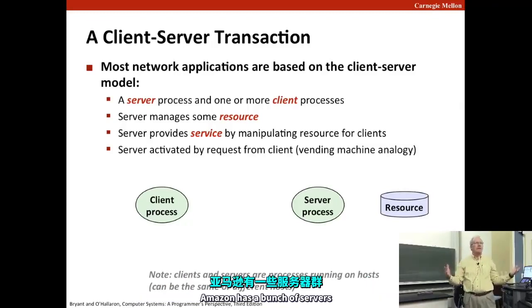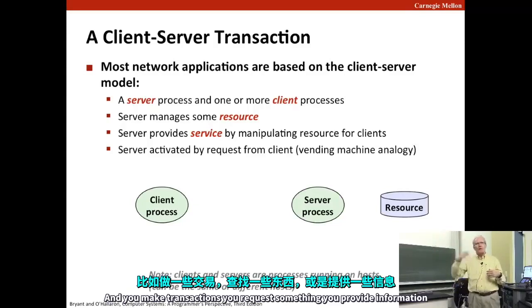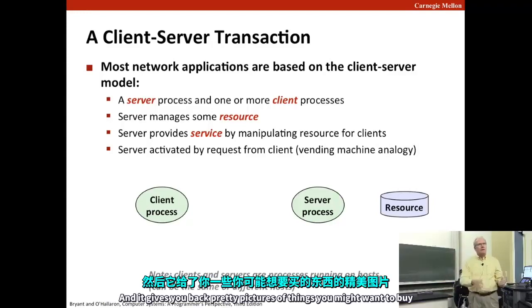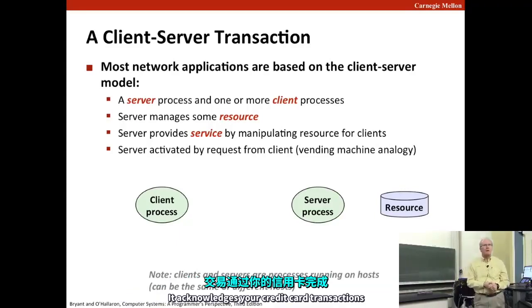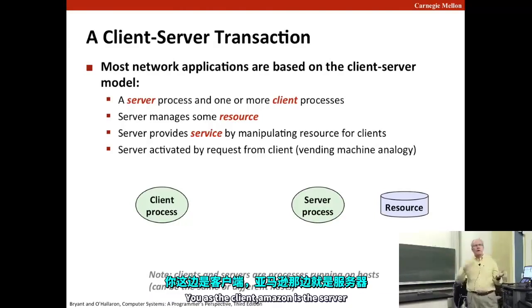Amazon has a bunch of servers, and you go to your web browser and it contacts the Amazon web server, and you make transactions. You request something, you provide information, and it gives you back pretty pictures of things you might want to buy. It acknowledges your credit card transactions. Those are all very classic client-server types of interactions. You as the client, Amazon as the server.